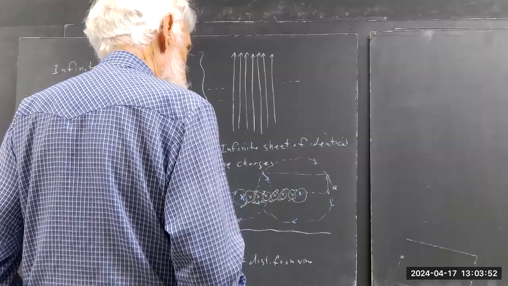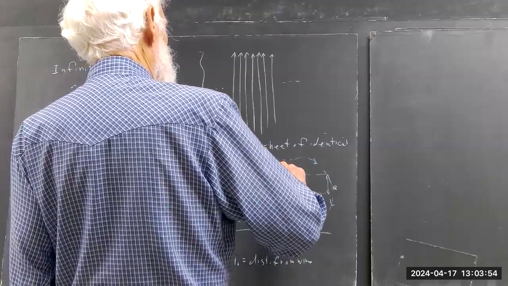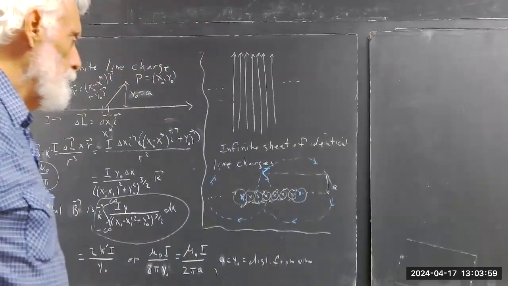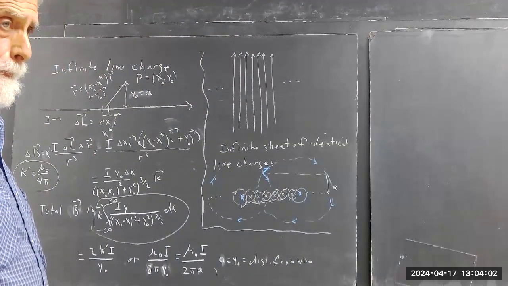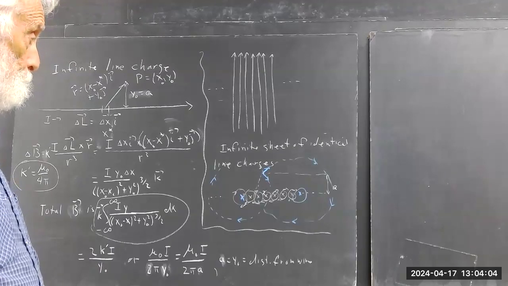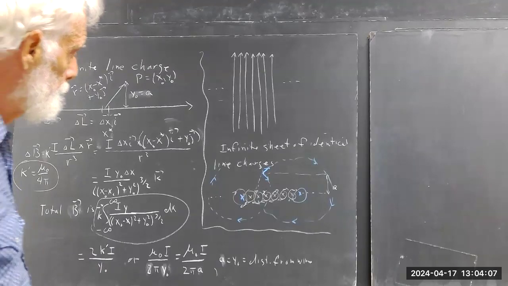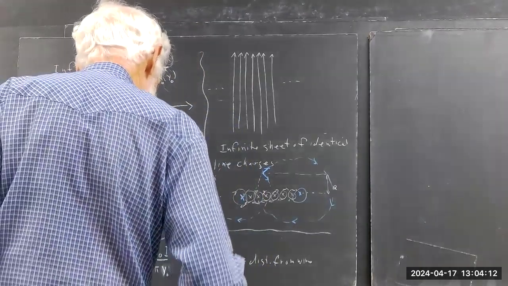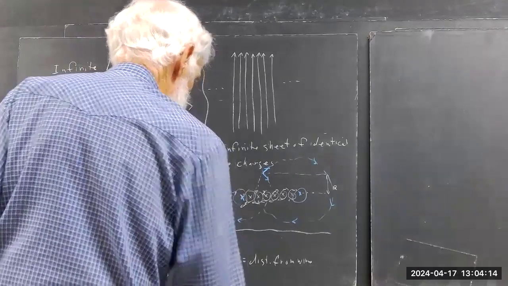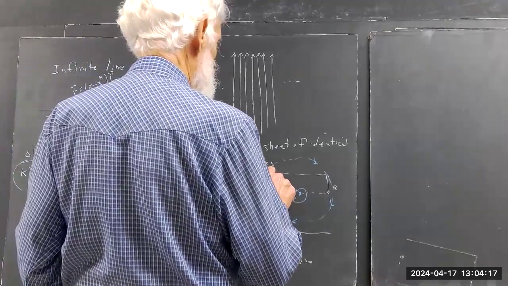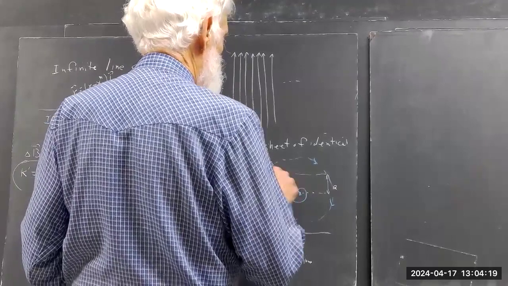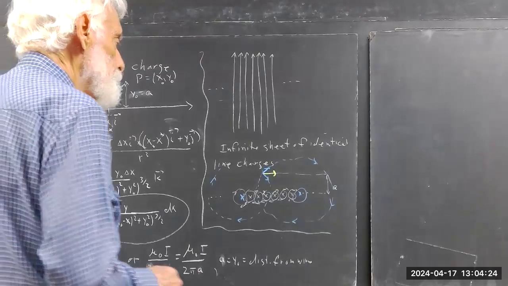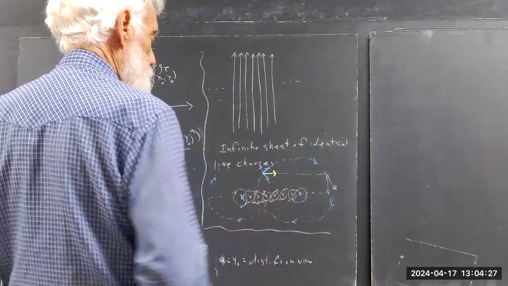So what you're going to end up with is a field like this. The resultant is the field from these two.